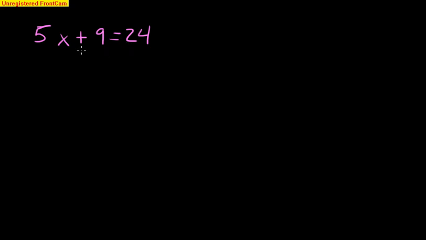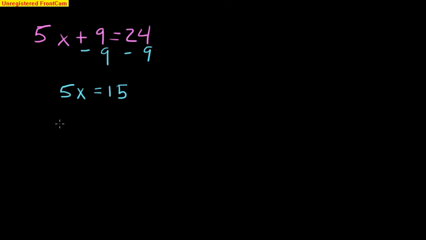So we do the inverse operation of 9 because it's next to x. We want to get it by itself. And we do an inverse, then we subtract 9 on the opposite side. And we end up with 5x equals 24 minus 9 is 15. 5x equals 15.